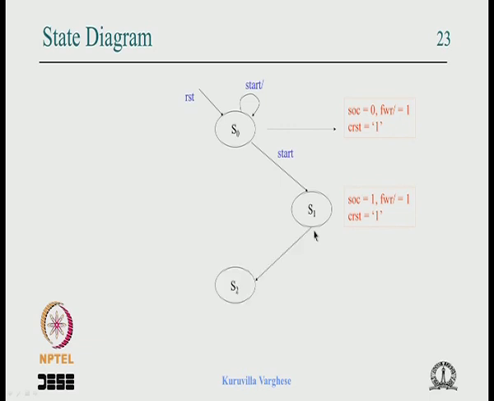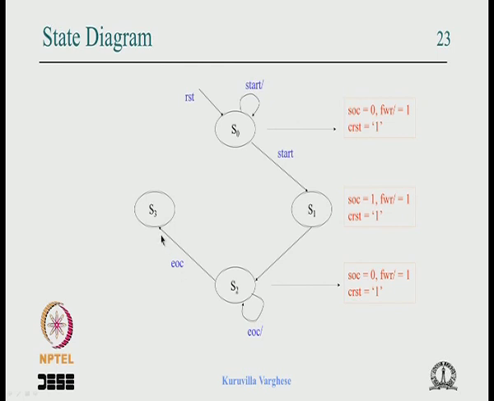Now we transit to the next state because we want a pulse on SOC, and SOC is made 0, rest all things are the same. Here the ADC is converting, so we wait for the end of conversion. If end of conversion is low, we remain there.